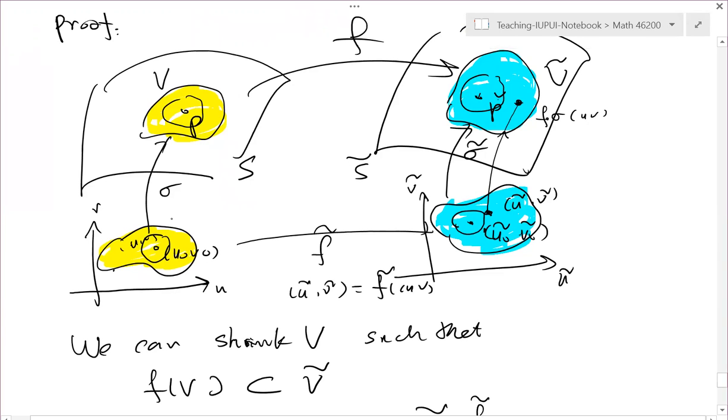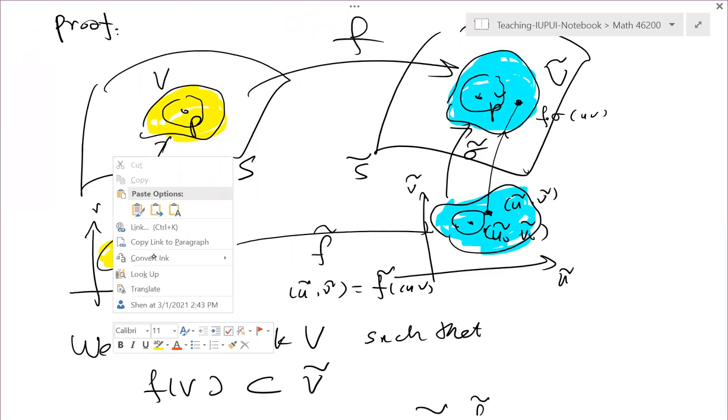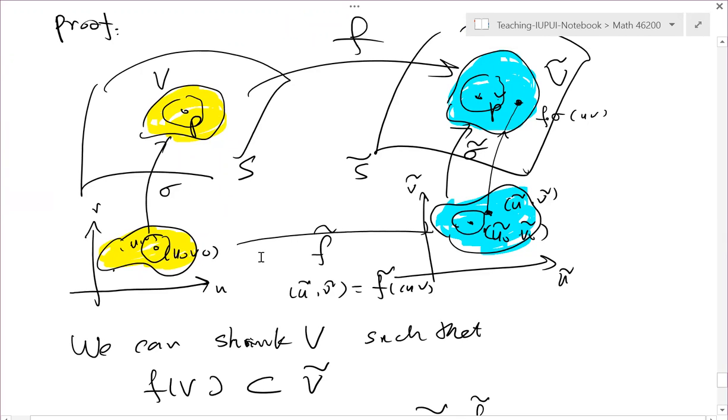What I'm going to do is translate everything into a map from an open domain to an open domain in R2. Then you can compute the Jacobian. If the Jacobian is not 0, then you can find the inverse map for this F2. If F2 is invertible, then F is invertible.